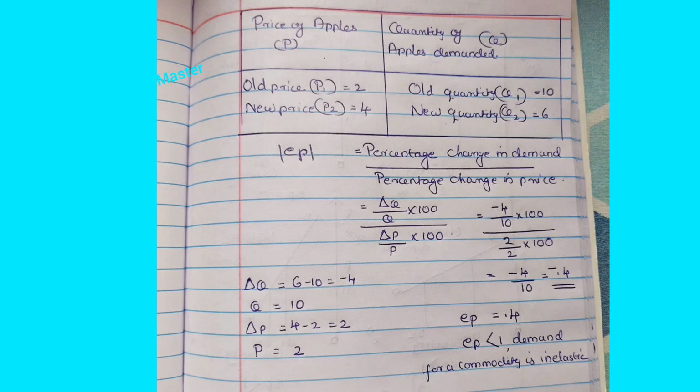Here we did not consider the minus sign, so the answer is 0.4. So price elasticity of demand is equal to 0.4, which is less than 1. So the demand for a commodity is said to be inelastic.